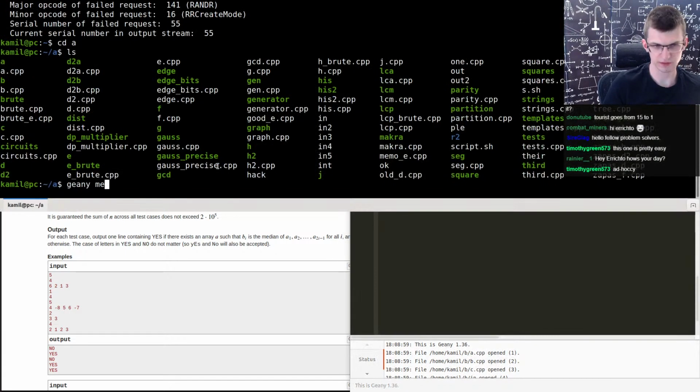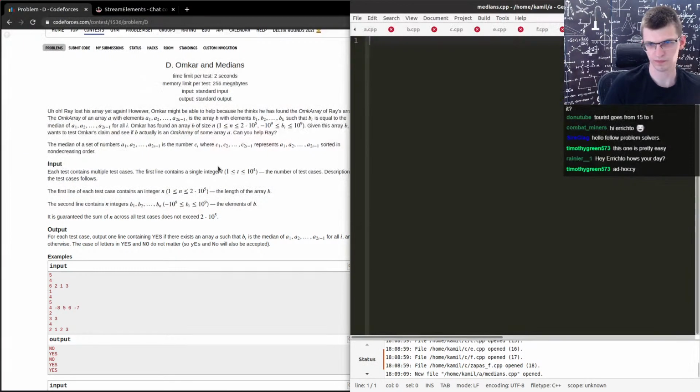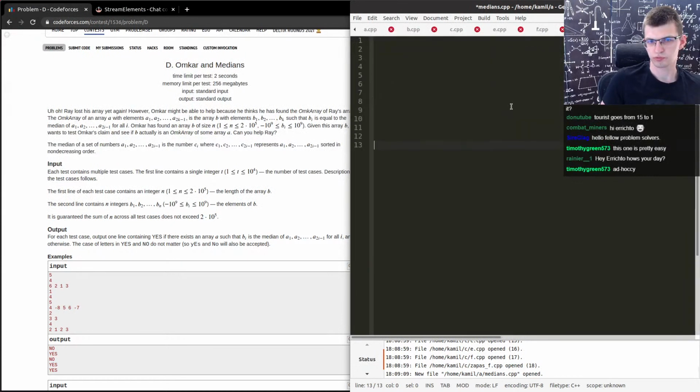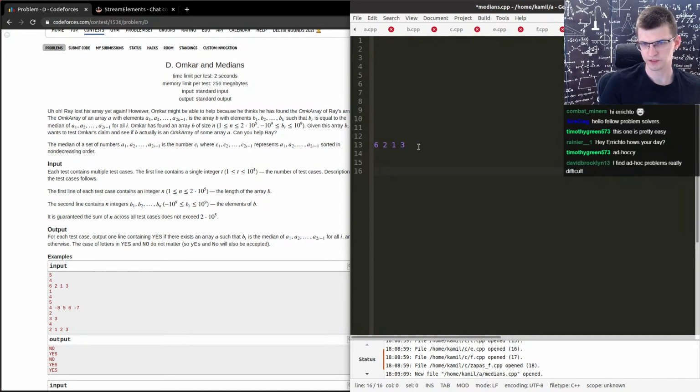This is medians.cpp. Six, 2, 1, 3. For this input, we start with 6. Then I know I want 6, 2 and 2. Actually, 2 and something smaller than 2 will be fine. Like 1.